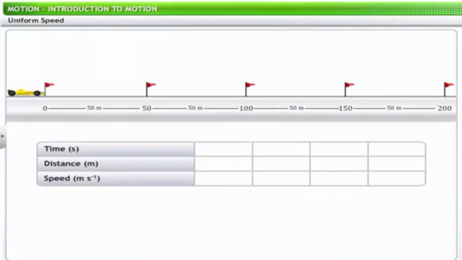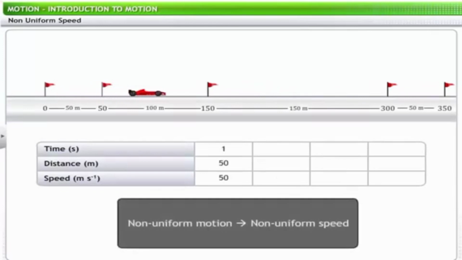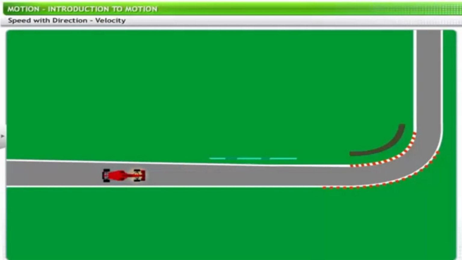Like motion, speed can be uniform or non-uniform. Thus, an object in uniform motion has uniform speed, and an object in non-uniform motion has non-uniform speed. If you rearrange the formula for speed, you can determine the distance covered in a given period of time at a given speed. s is equal to d divided by t.